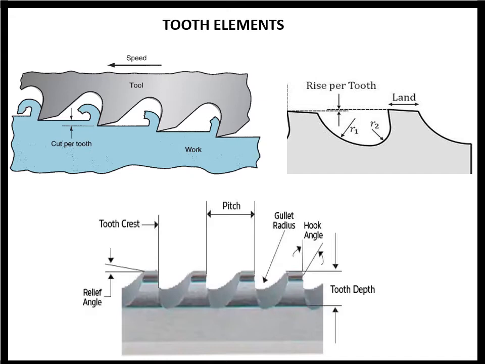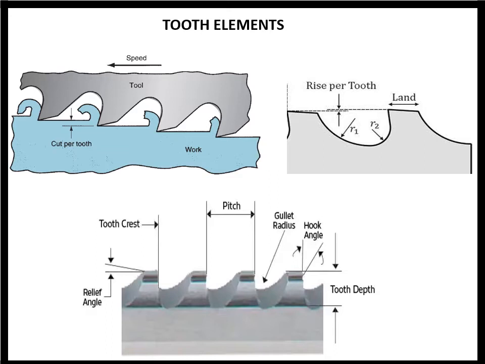It is nothing but the difference in height between two successive teeth. Adjacent to that picture, the other picture shows the width of the land and the provision of two radii R1 and R2, which create a gullet space to accommodate chip, and at the same time also give strength to the teeth.